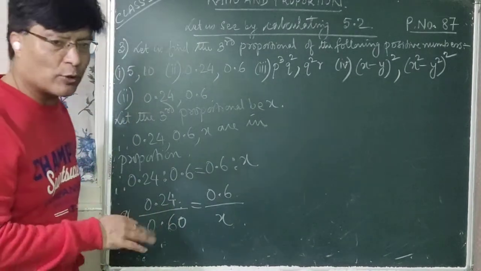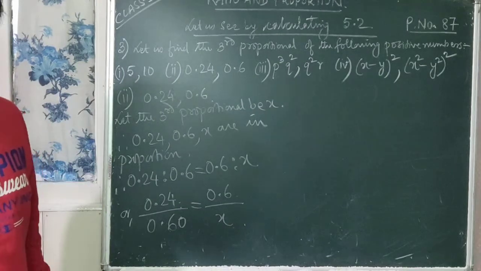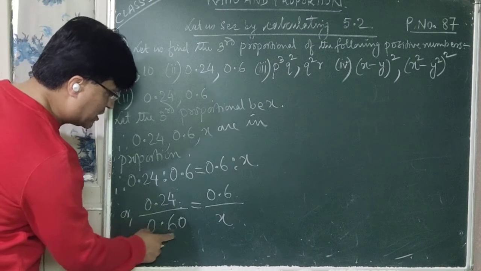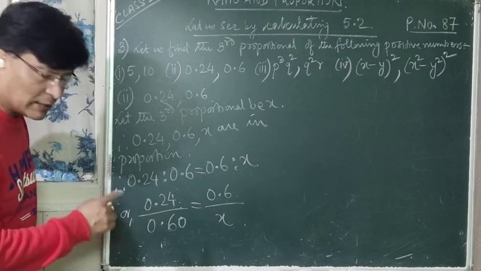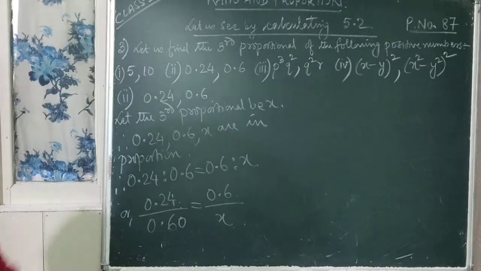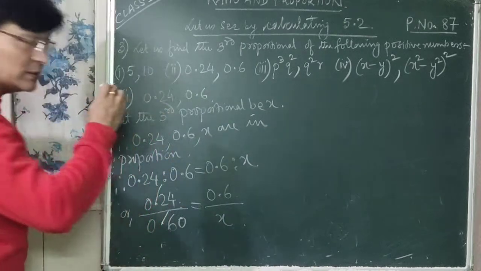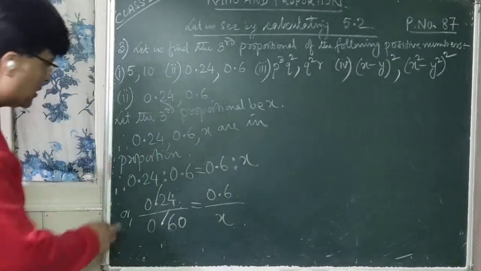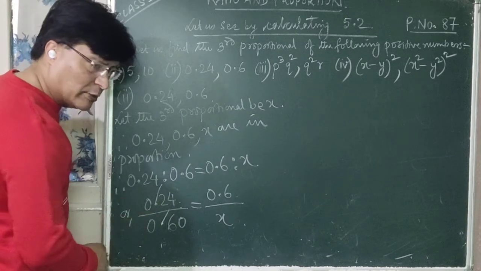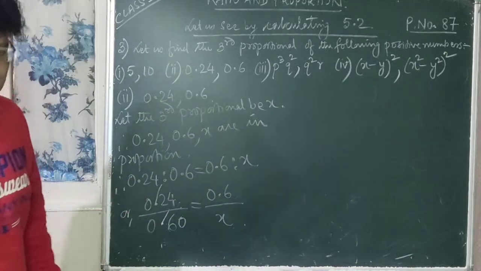So after 0.6 you can add as many 0s as you like. Understood? So if there are 2 figures after the point here, we also make 2 figures after the point there. That means we add just one 0 there. Understood this? So now you can cancel this decimal point. So after decimal point there are 2 figures in the numerator, and in the denominator also after decimal point there are 2 figures, right? So you can cancel that decimal point.